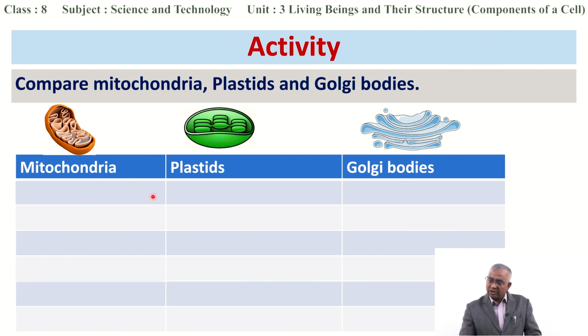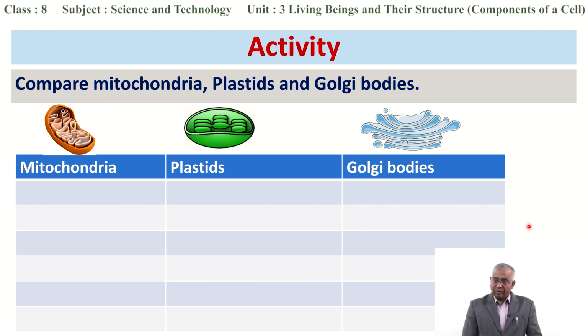So just try, you have to write differences between mitochondria, plastids and Golgi bodies. Try to do it fast. Full sentences are not required, just terms or words that differentiate them. Not only differentiation, compare means you can write similarity also. If two are similar and another is different, that point can also be written. Okay.